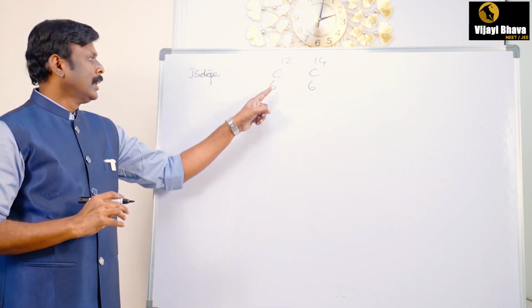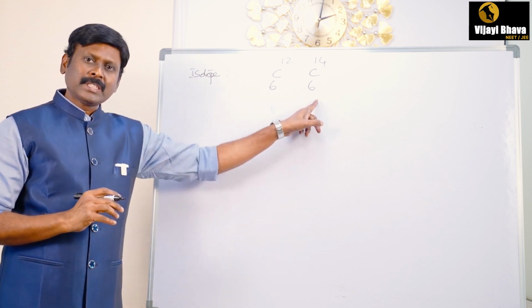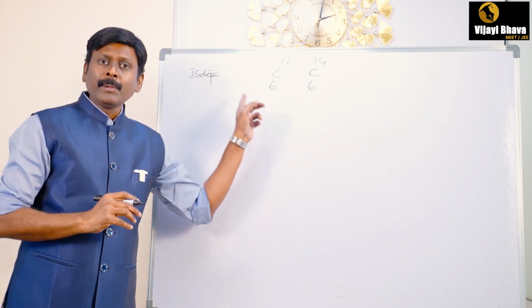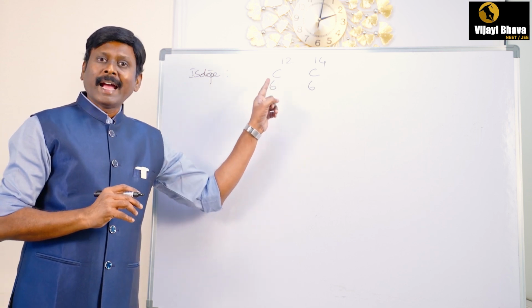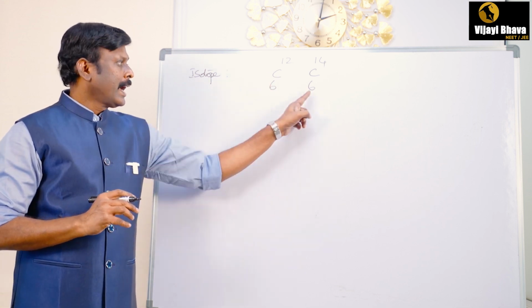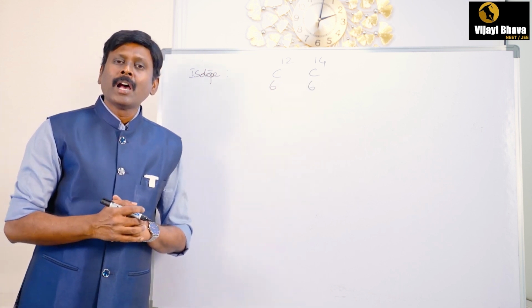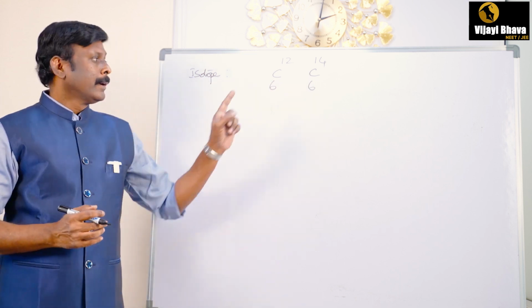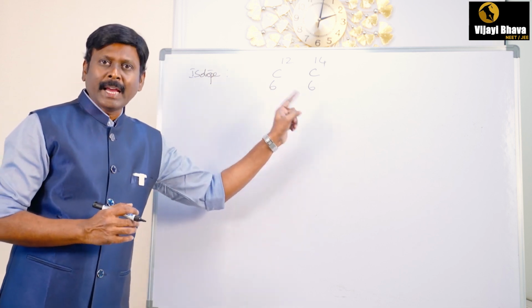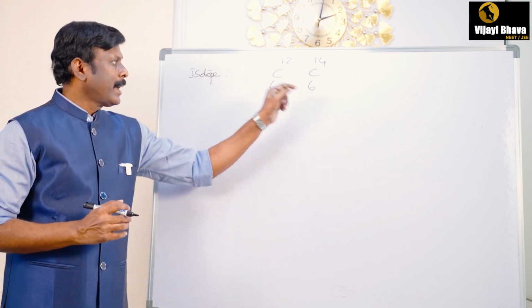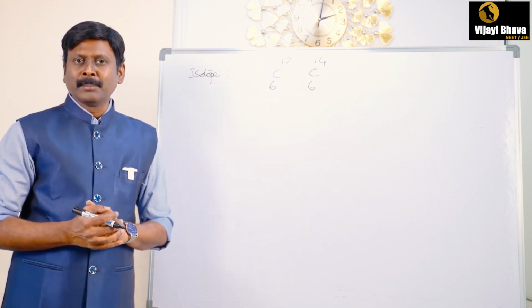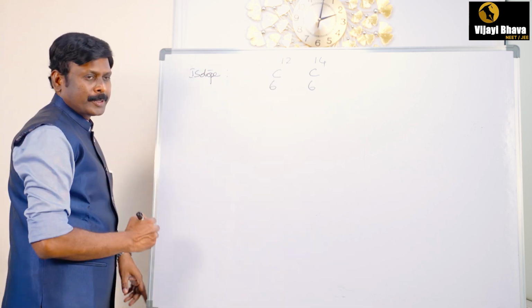As you observe here, this is carbon and this is also carbon, meaning both are the atoms of the same element. Their atomic numbers are the same, 6 and 6, but their mass numbers are 12 and 14. So the atoms of the same element with the same atomic number but different mass numbers are called isotopes.